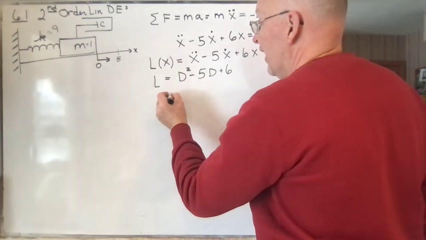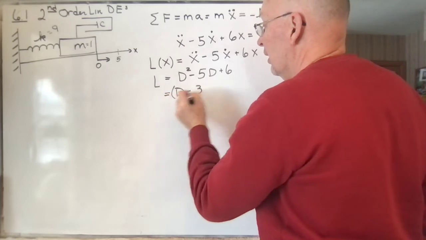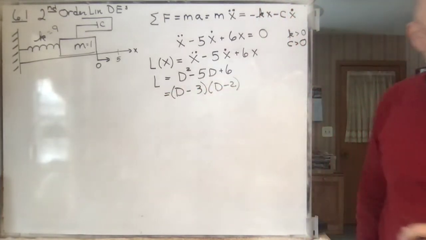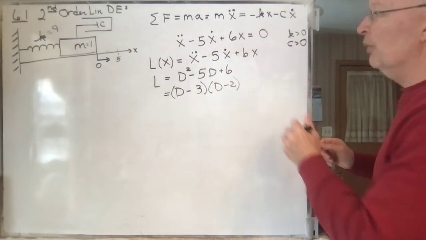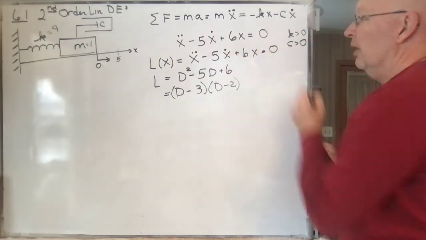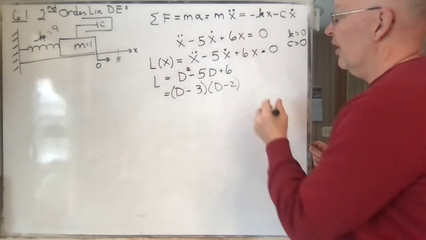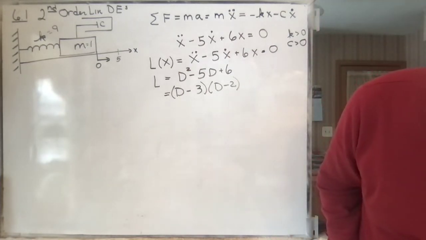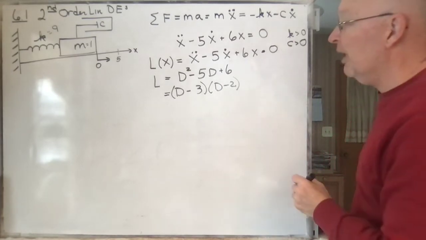Notice that this thing factors. I can write this as D minus 3 times D minus 2. Agreed? And so what we have here is, when will L of x be equal to 0? So we want to know, when will this thing be equal to 0 when we apply it to x?